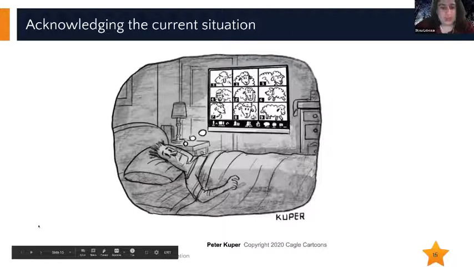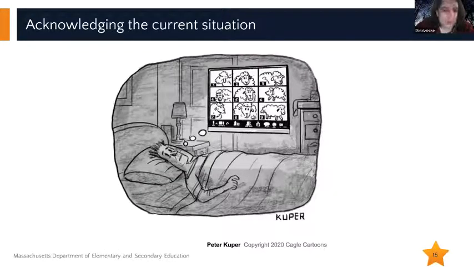Before we dive into breakout rooms and all of these wonderful opportunities that the Zoom platform allows us, I do want to acknowledge that this current situation is not forever. We know that. We are all joining today via Zoom, a workshop that was intended to be one of several at the Spring Innovation Pathways and Connecting Activities convening. This cartoon, I think, represents what's going through a lot of our minds lately. We're counting electronic Zoom window sheep instead of other kinds of sheep at bedtime, and it's keeping us up at night a little more than usual.